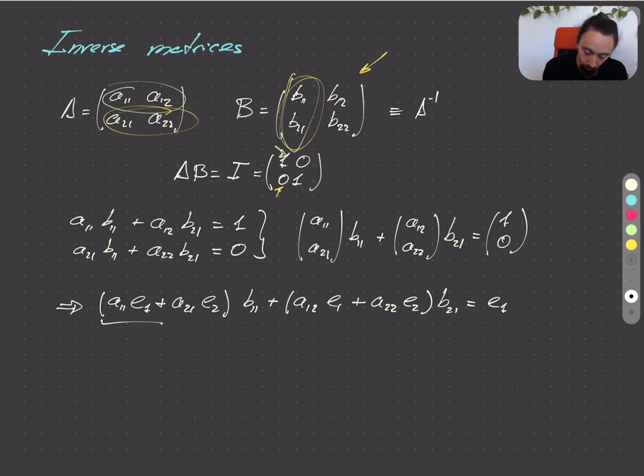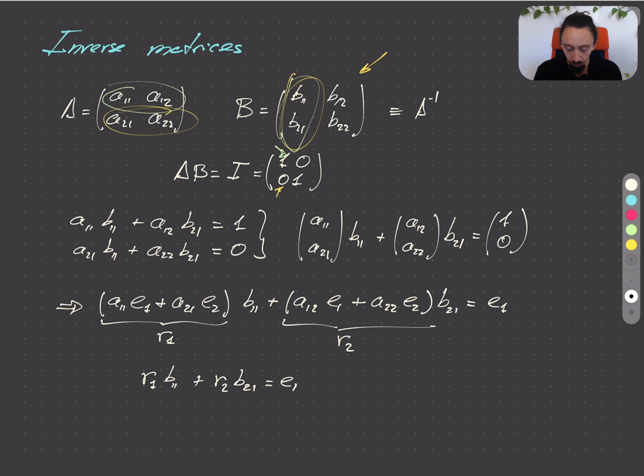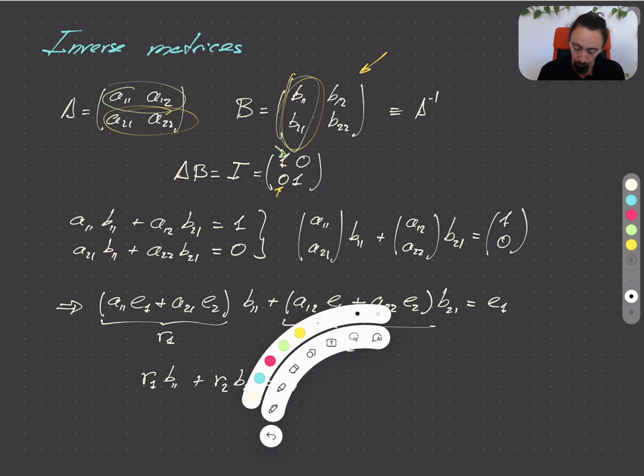We are going to call the first term R1 and the second term R2, so we can write the equation as R1 B11 plus R2 B21 equals E1.